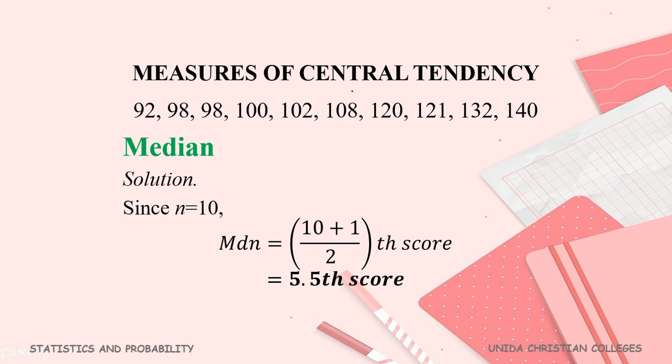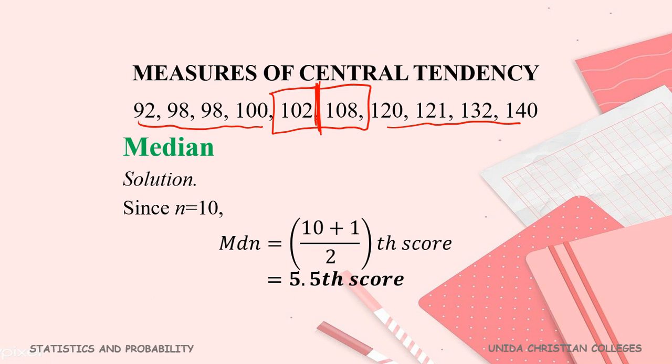So, nasa ng 5 and 6, we have here 1, 2, 3, 4, 5, 6. So, nasa pagitan po ni 102 tsaka ni 108. Nasa pagitan nilang dalawa. As you can see, we have here 4 values and another 4 values sa left and sa right. So, para makuha si median, nasa gitna siya ni 120, 108.